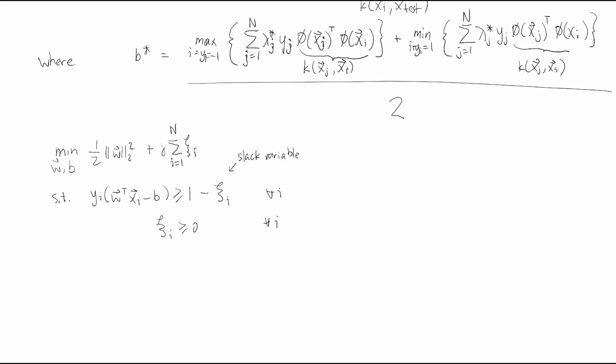Okay, let's try to simplify this a little bit. First, we're going to modify this constraint. We move the ξi to the left-hand side, so it's ξi greater than or equal to 1 minus yi times (w transpose xi minus b).